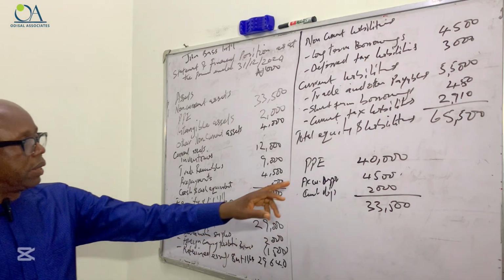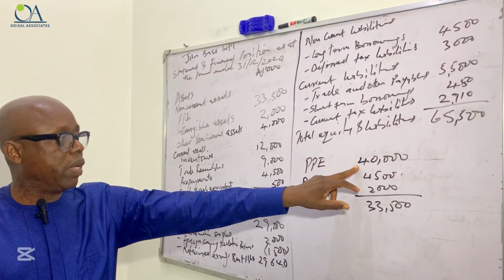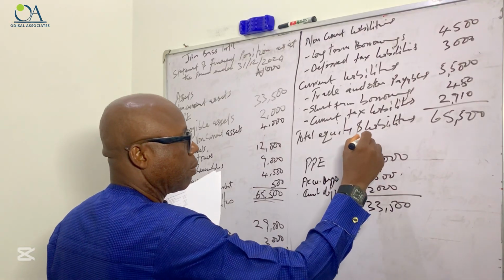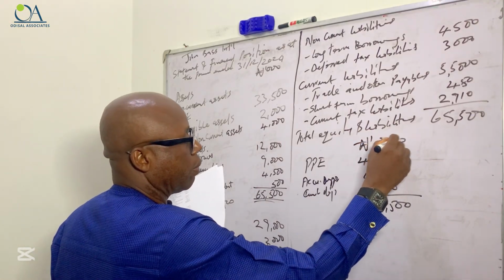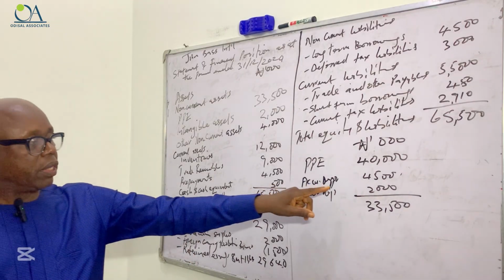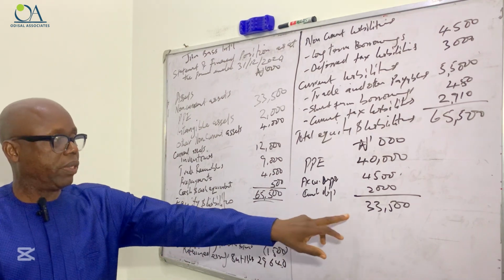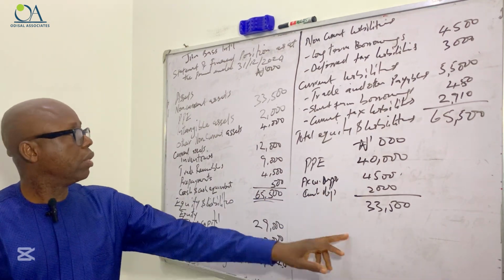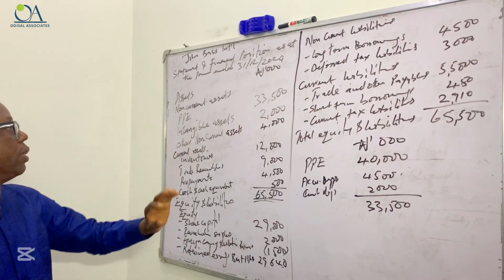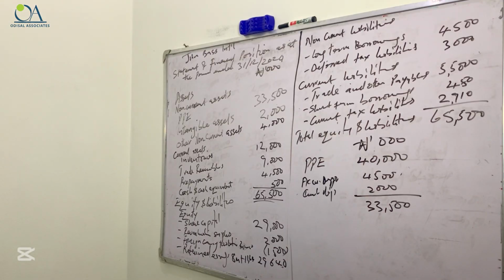So look at it. In the trial balance, we have 40 million PPE. Then there is accumulated depreciation of 4.5 million and the current depreciation of 2 million. So that's why we're having 33,500,000. So this is less depreciation.